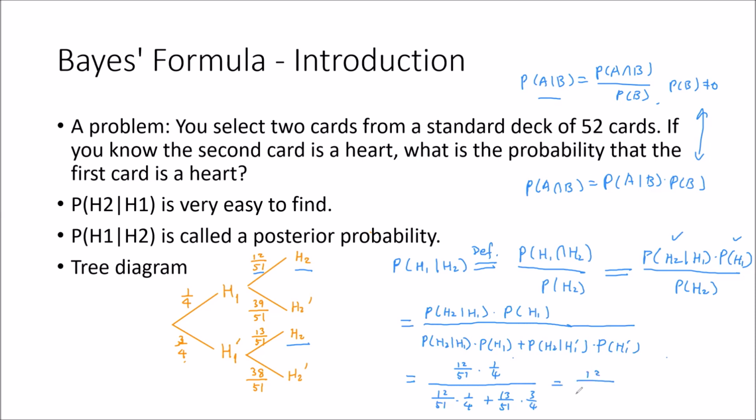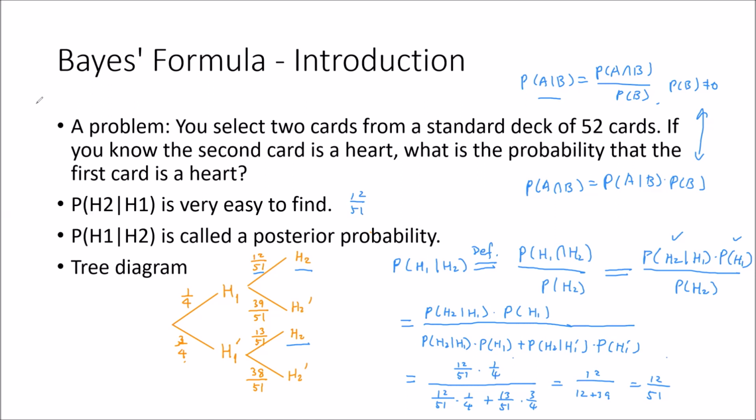You have 12 out of 12 plus 39, which is 12 out of 51. You see, this is actually the same as what we have here, 12 out of 51. This problem is a little bit special. We would call H1, H2 interchangeable and exchangeable. So we literally figure out the posterior probability and also the formula actually.